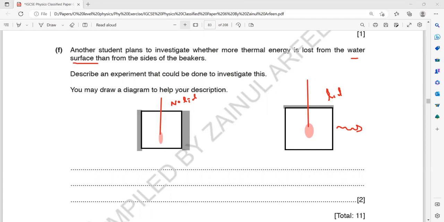So we simply do the experiment with the lid and no insulation, and then we repeat the experiment with insulation and without a lid.